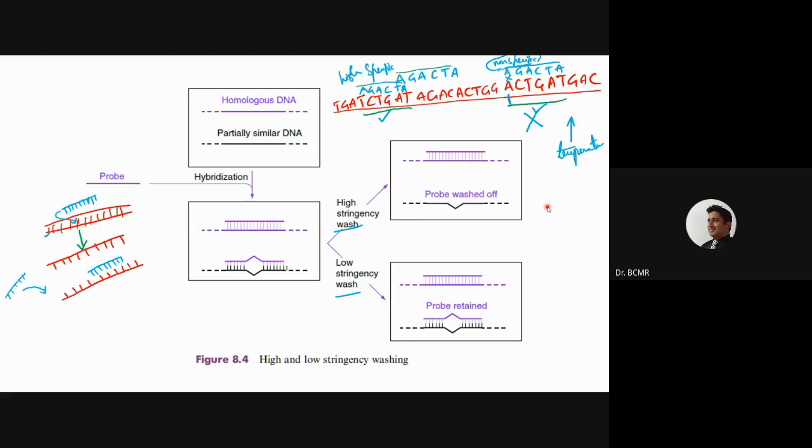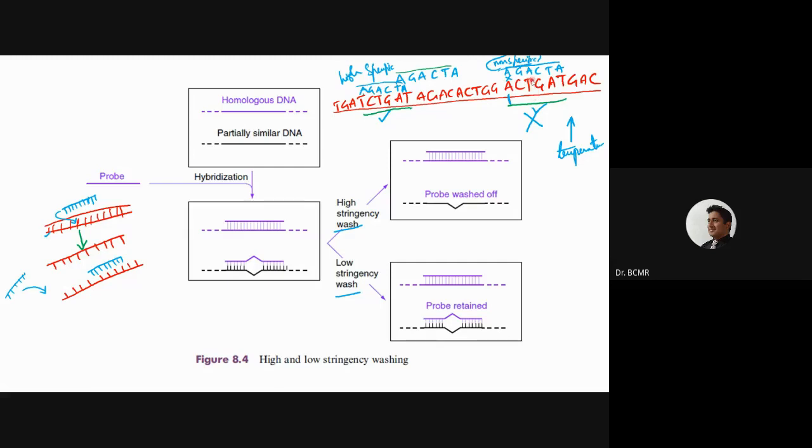So one should know for each of the probes and the experiments, we have to optimize what is a good temperature or what is a good stringency condition. If I increase too much, then even this probe also can fall off from this side, and that is not what we want. We want to have such that the highly specific ones are still hydrogen base pairing with their respective complementary sites, but the non-specific ones may fall off.